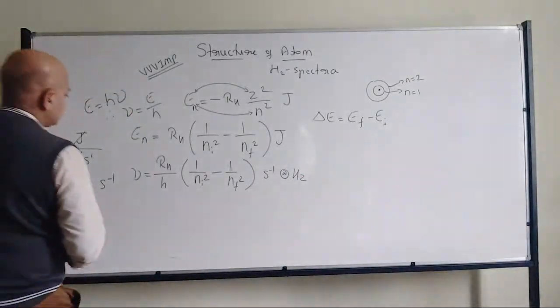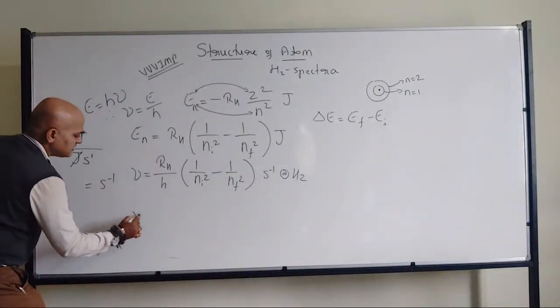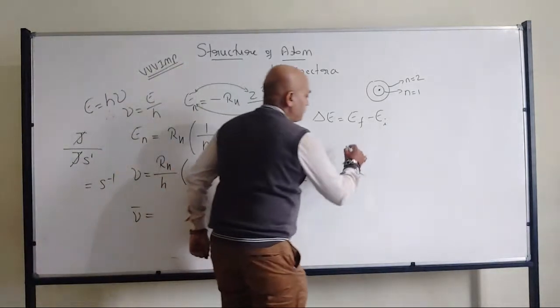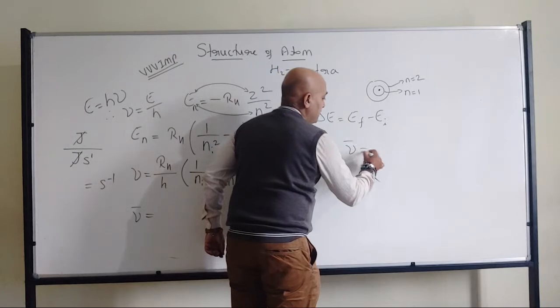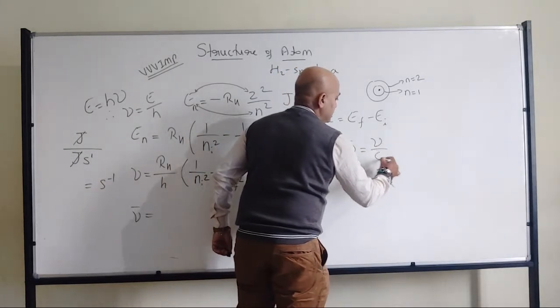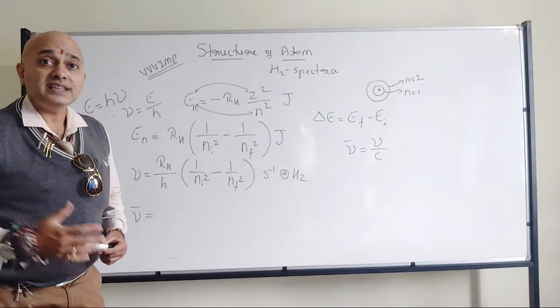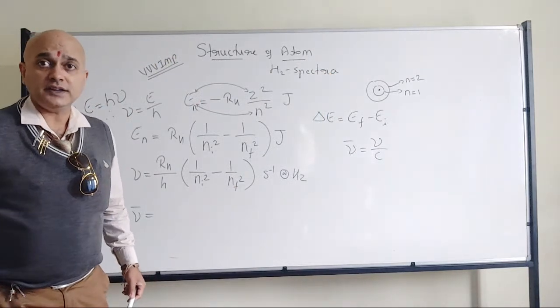Okay? So next, last, if I want to express in terms of wave number, to write that one, we should know the relation between wave number and frequency. That is nu bar equals nu by C. Wave number and frequency are directly related to each other.